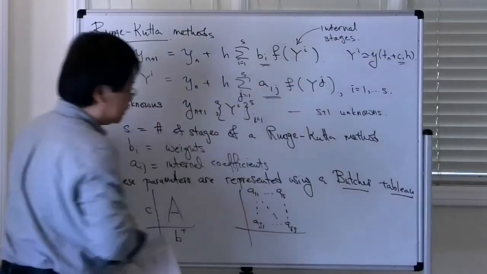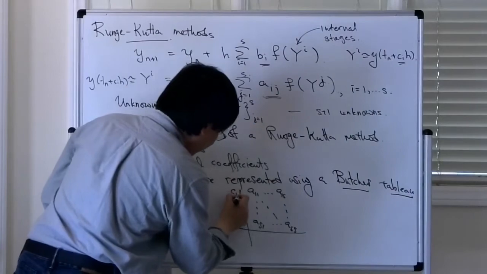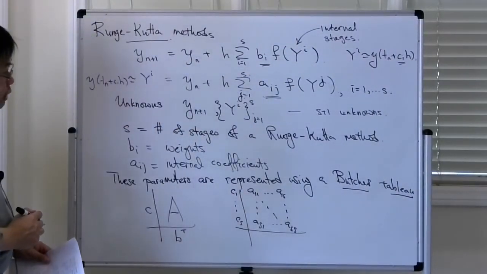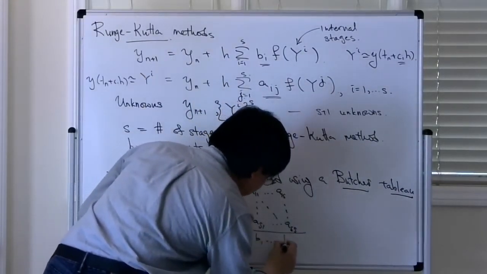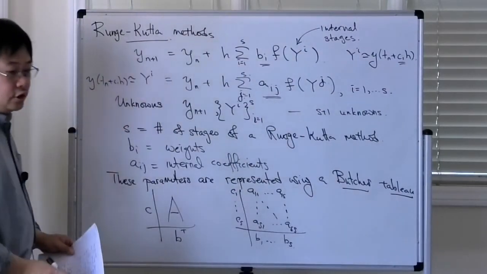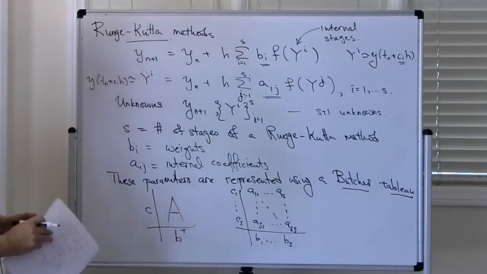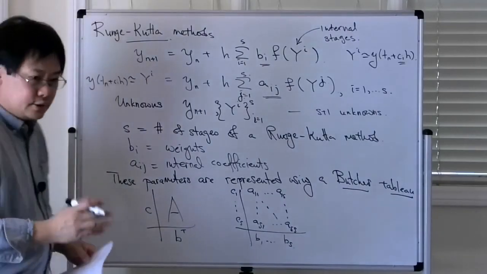So you have a square matrix of the aij coefficients, a vector C1 to Cs for the quadrature points, and a vector B1 to Bs for the quadrature weights for the final update. Okay, so let's just stop here for a minute.